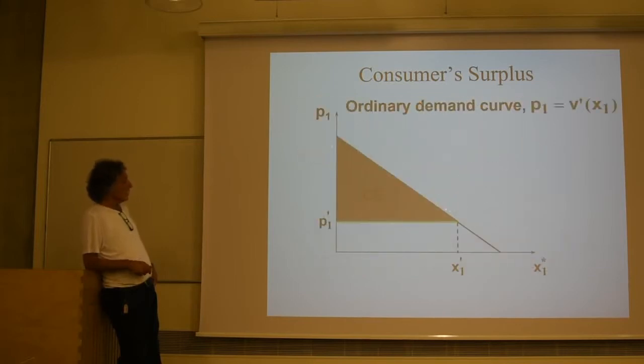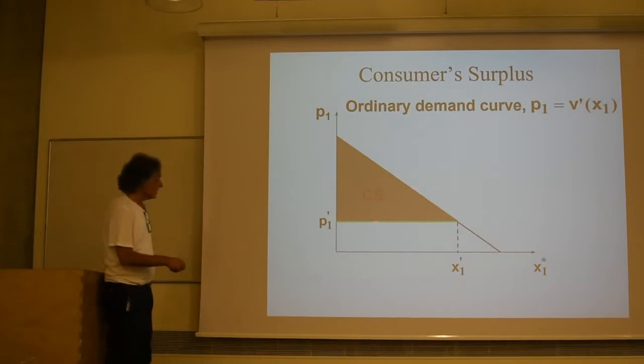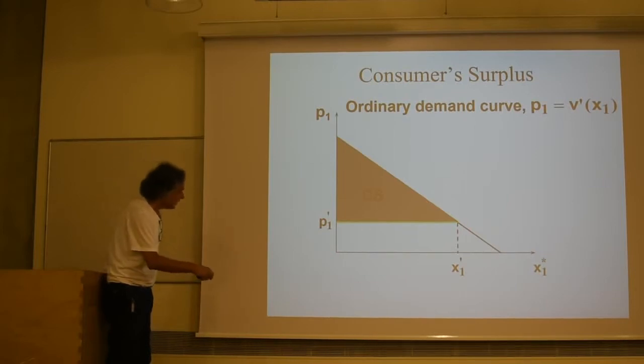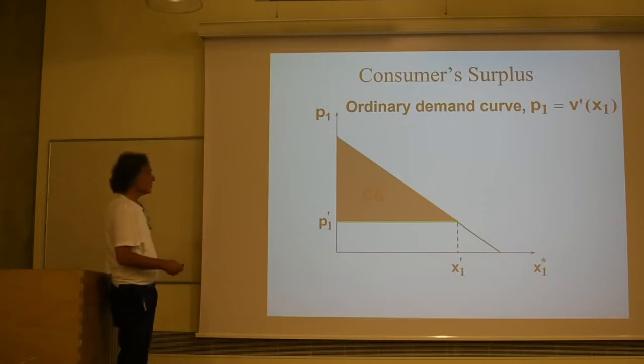The area under the demand is my willingness to pay. You see all these trapezoids, the area here. But I paid P1 times X1. That's my cost. I paid it. So what I am left with is the gain to trade.